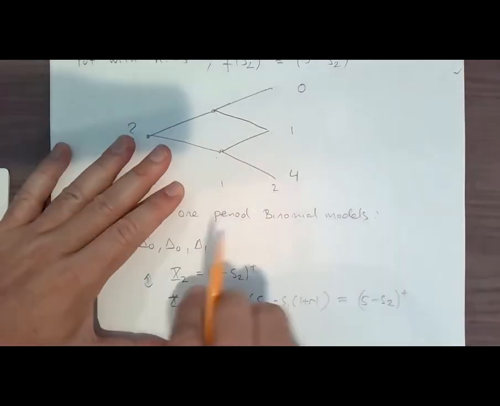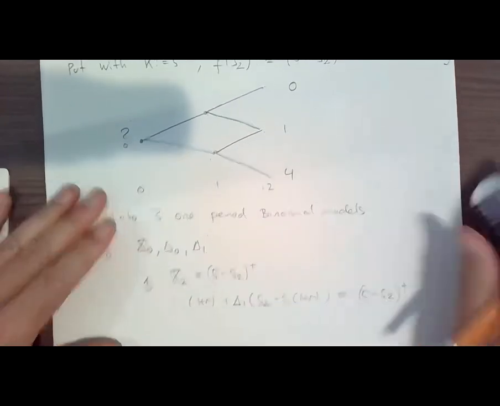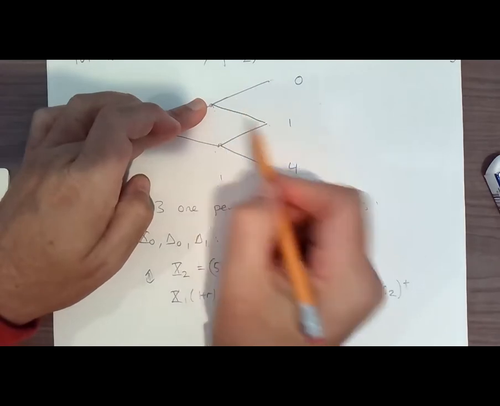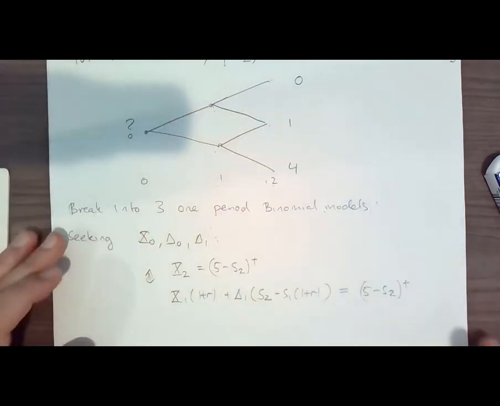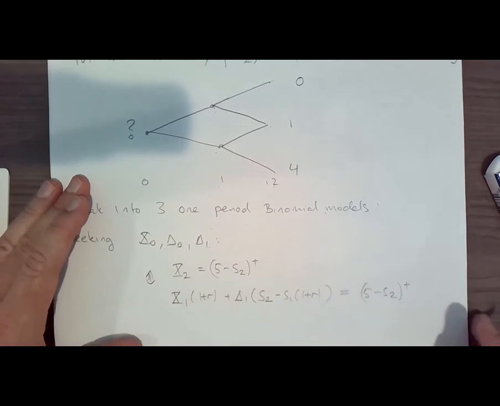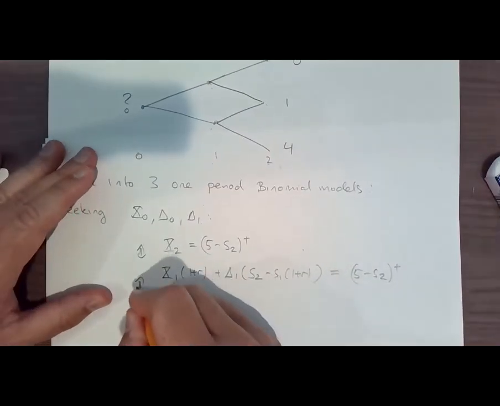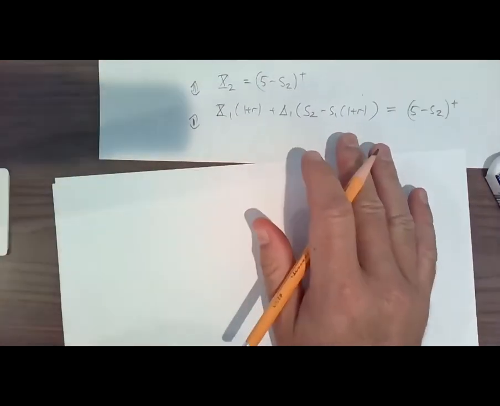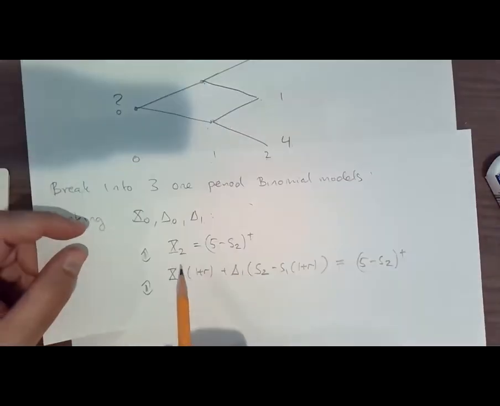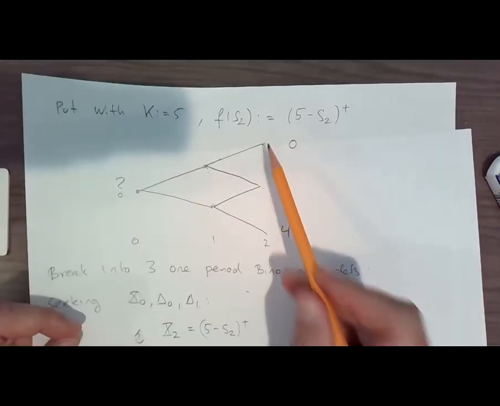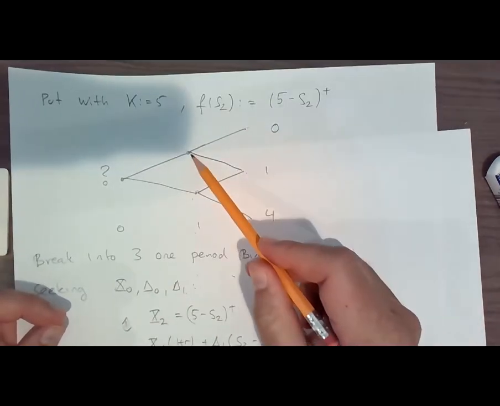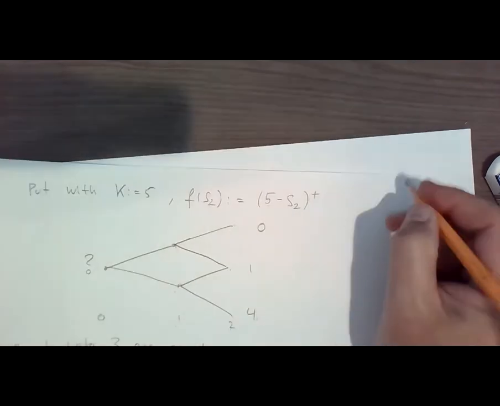And as before, we have two possibilities here. If I'm sitting up here, there's an up possibility and a down possibility. So what I have here is really two equations and two unknowns. Just as in the one period model we had last time, to replicate means that you satisfy this equation in both the up and the down state when you're sitting out here in this node. Let's try to write this out.